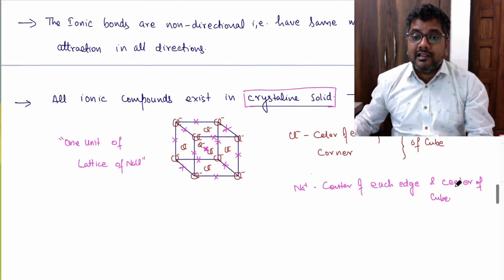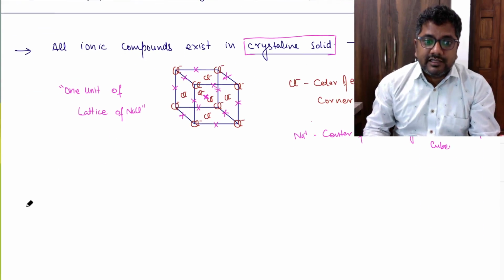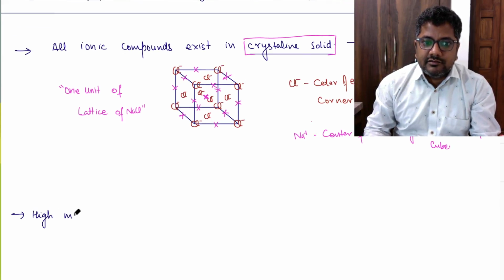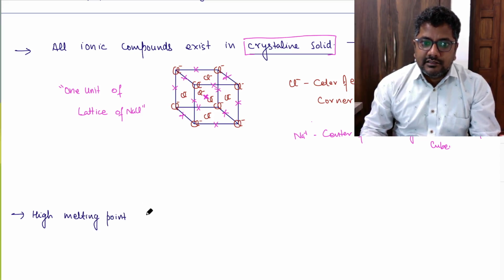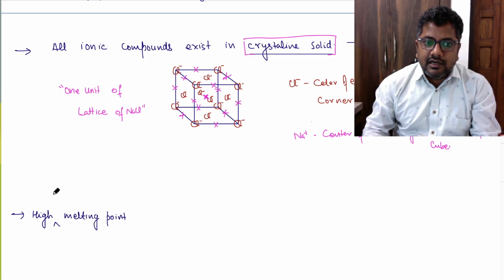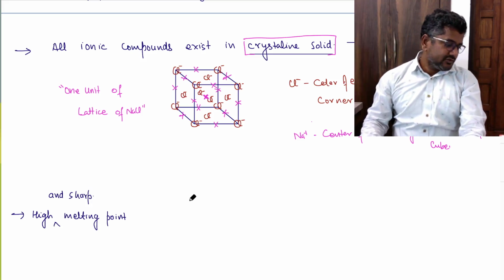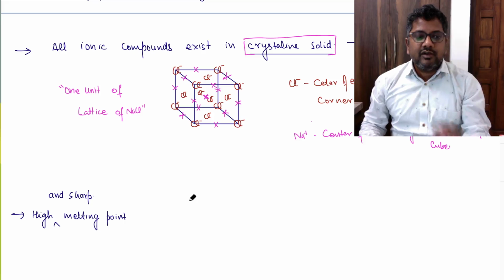Ionic compounds have a high and sharp melting point. So what is the meaning of sharp melting point?